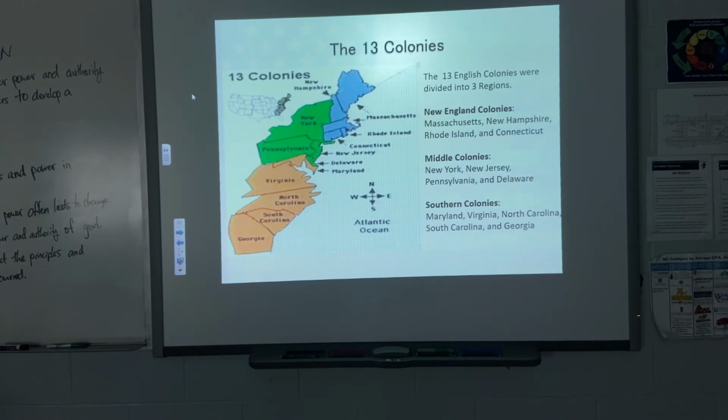One thing that you need to know about these Atlantic coast colonies is that they are not unified, so to speak. They're very regionalized. They're very much in competition to be the best colony. So unification is not necessarily a situation at the time frame.